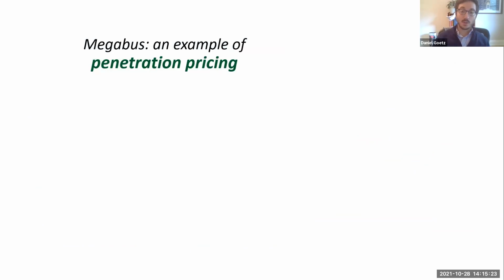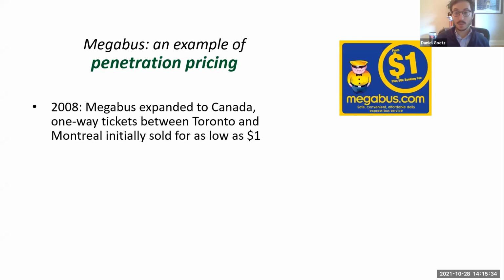Here's an example of penetration pricing. So we have this company, Megabus. Megabus provides bus service between different cities in the US, and then they expanded to Canada in 2008. And when they first expanded to Canada and started offering bus service on routes between certain cities, they had a $1 ticket to get to Montreal from Toronto.